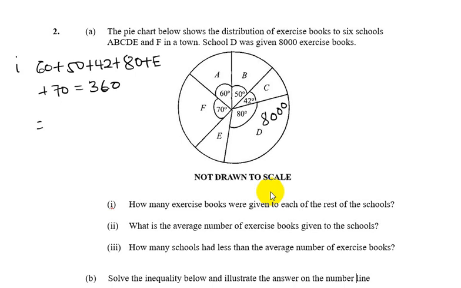So we are finding E. So E will be equal to 360 minus 302. Then I'm going to get E being equal to 58. So it means that this E here that was not given is what?